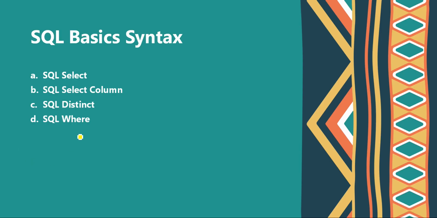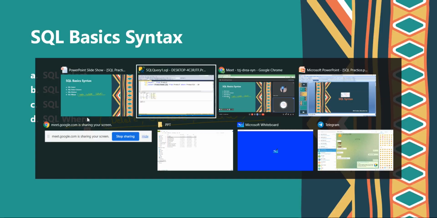And this where clause is not only used in select, but it can also be used in delete and update. We are going to see all of them one by one.